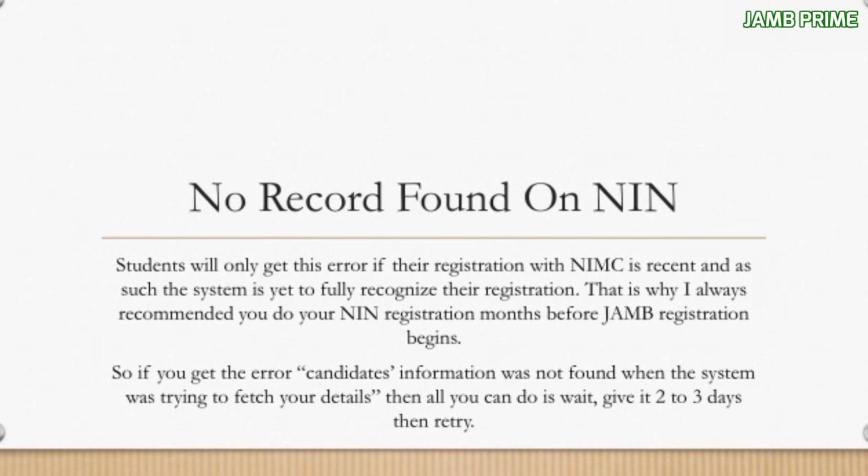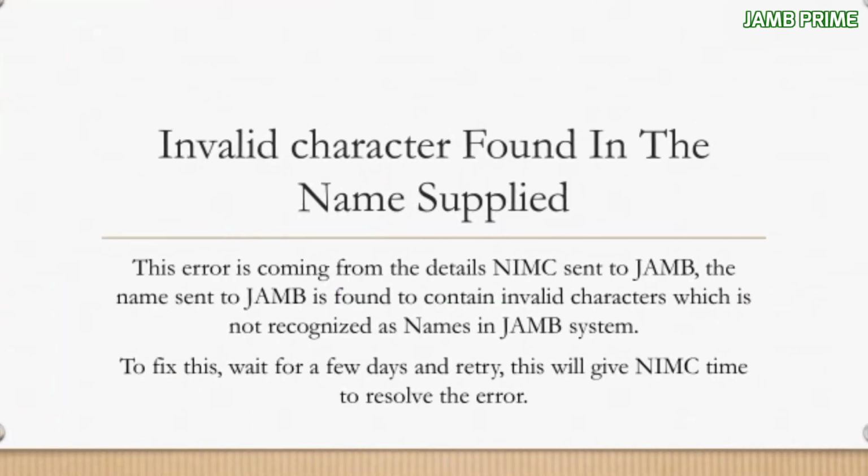The next error candidates are facing is invalid character found in the name supplied. This error is coming from the details NIMC sent to JAMB. The name sent to JAMB is found to contain invalid characters, which are not recognized as names in the JAMB system. To fix this, wait for a few days or retry, which gives time for NIMC to resolve the error.